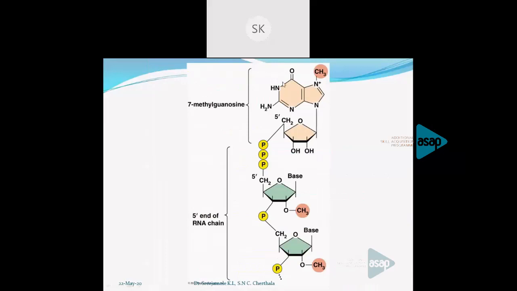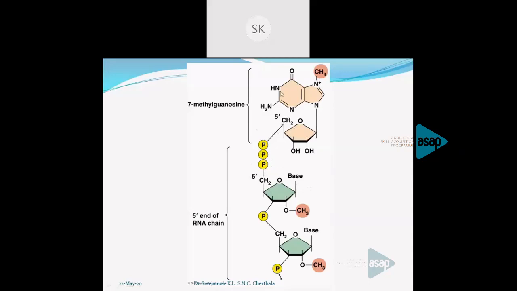Here we can see the methyl group that is added to the 7th position on the guanine. After the methylation, this 7-methyl guanosyl is attached to the 5' end. The 5' carbon of the guanosyl is attached to the 5' phosphate group of the first nucleotide. This is the unusual bondage.